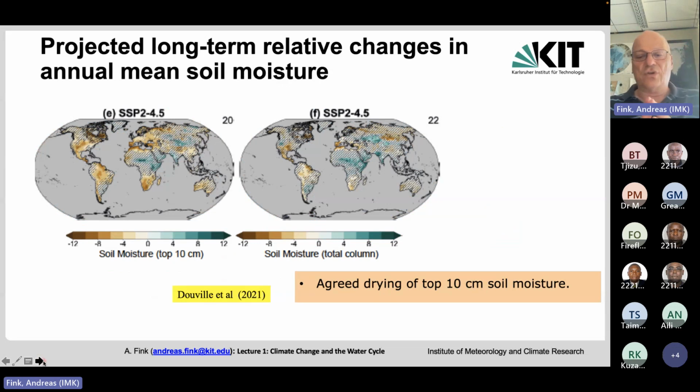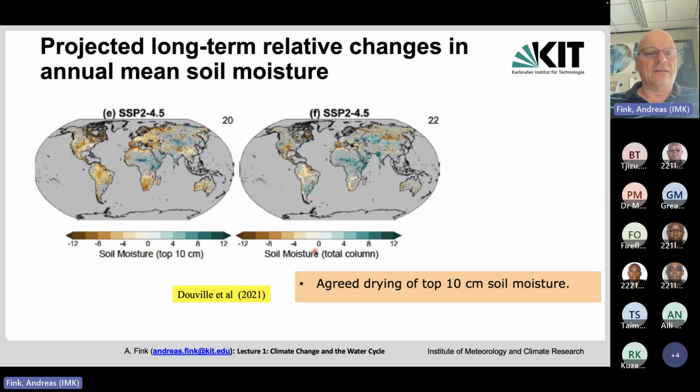Okay, now I'm coming to soil moisture projections. Again, the same scenario here. And this is an annual signal. It's the top 10 centimeters of the soil and the total column of the soil. That depends a little bit on the model, typically about a few meters.